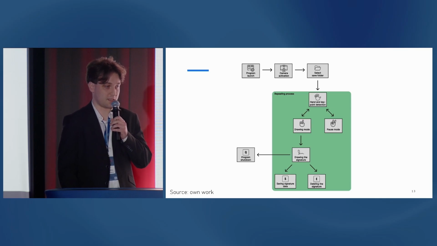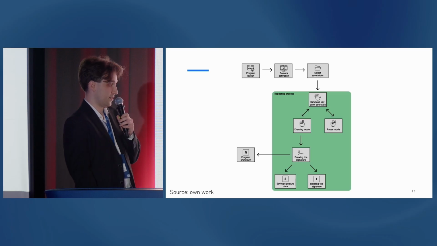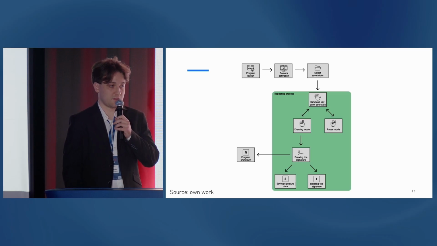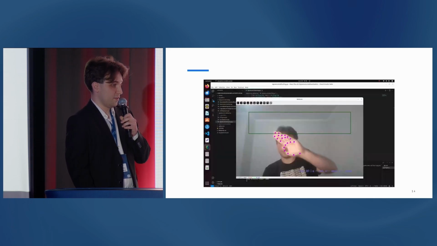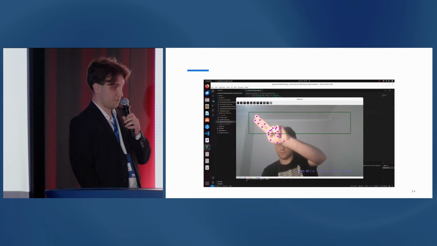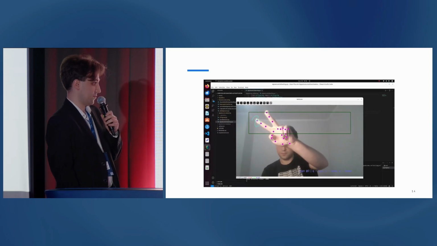This is how the flowchart looks. We start the program, you activate your camera, then you need to detect your hand, and using these two gestures you operate the software, and then the sample can be saved or another sample may be created. I will show you a demo of how it looks.